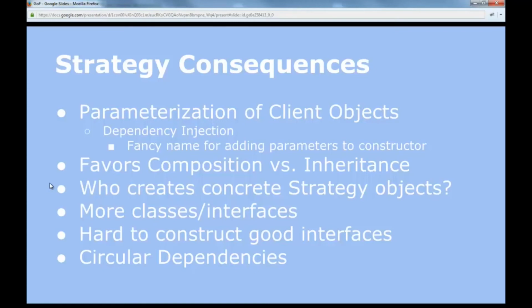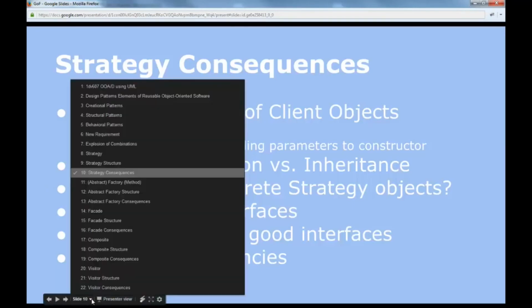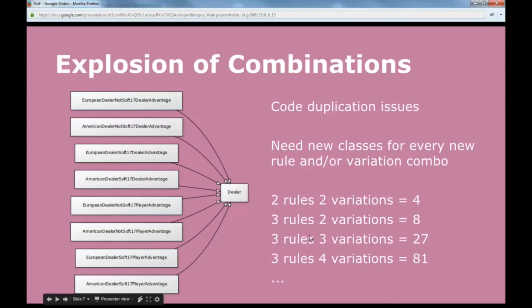It favors composition over inheritance. So instead of inheriting and getting this explosion of classes that we need to implement, we can compose different types of dealers by having these three interfaces with their implementations. If we have three types of rules with two variations each, we only need to implement 6 classes compared to 8 classes.